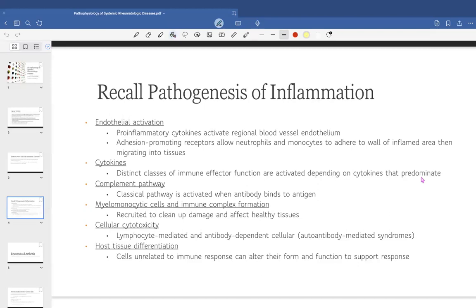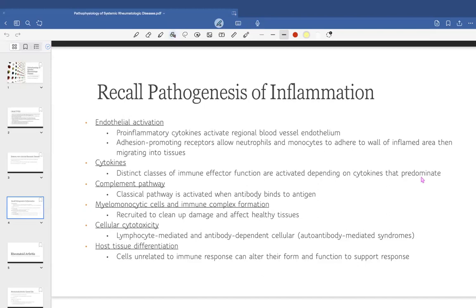you can have your pro-inflammatory cytokines activate some of your blood vessel endothelium. In rheumatoid arthritis, you're going to see angiogenesis, neovascularization, that occurs within the synovium. That's part of the process; it's got to feed. It's these vascular endothelial growth factors that get released from the inflammatory cells that stimulate these processes.